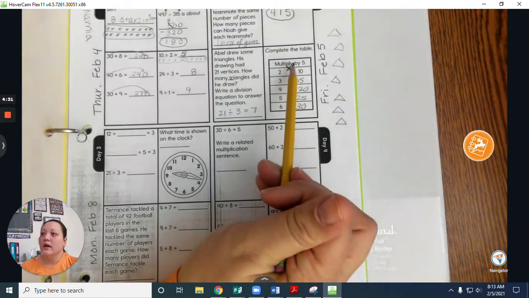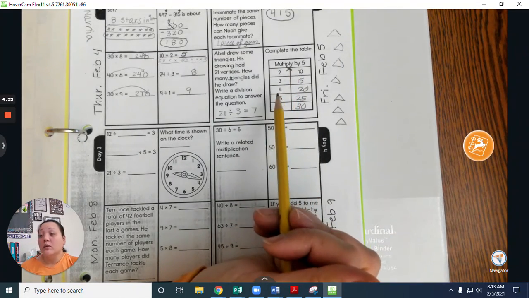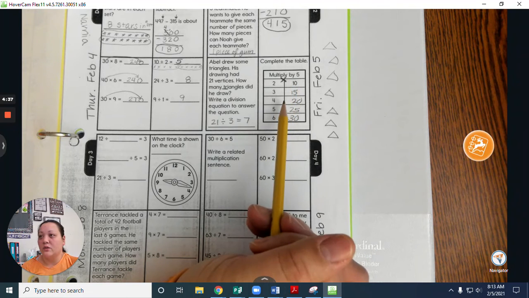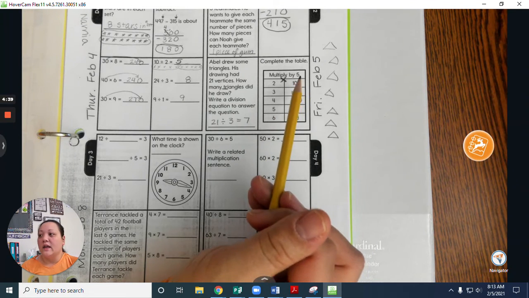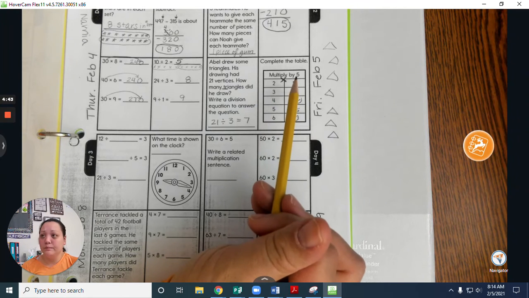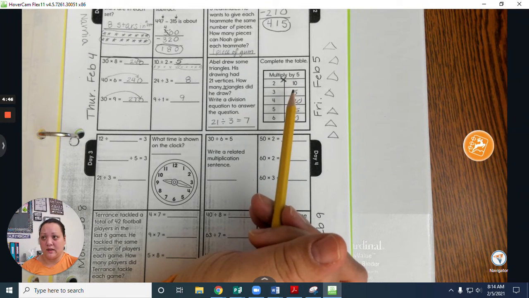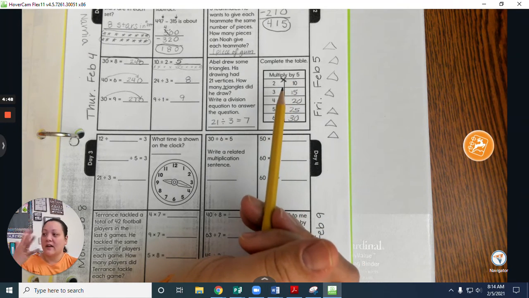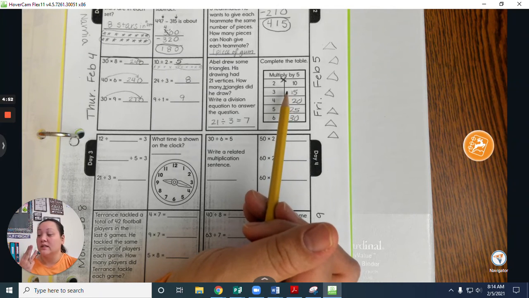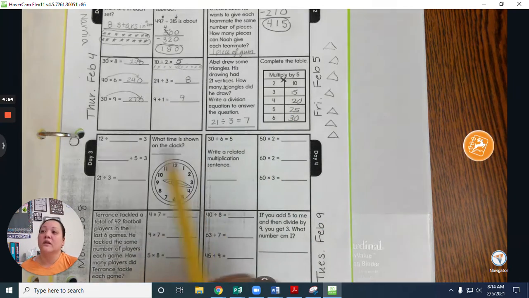And you could also notice that, again, multiplication is very much like skip counting, like 5, 10, 15, 20, 25, 30. You get the number of how many times it skip counts by how many times you've repeated the number. So 5 plus 5 plus 5, we know is 15, and that was 3 times 5. We did it 3 times.